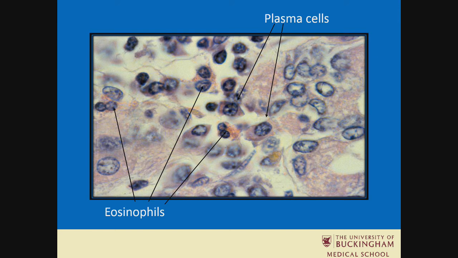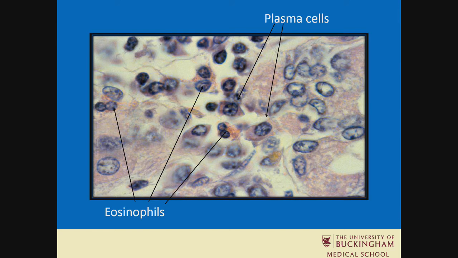Then the fourth type of chronic inflammatory cell is the eosinophil. Eosinophil is a granulocyte with prominent orange granules. This is an eosinophil. These two are eosinophils, and they have a bilobed nucleus, a single nucleus with two lobes. So it is typically described as a spectacle shaped nucleus for eosinophil.